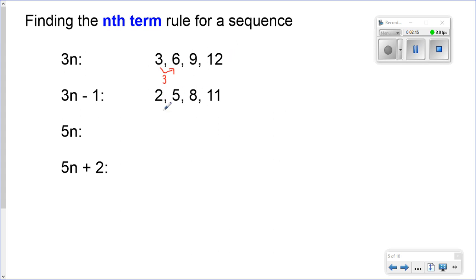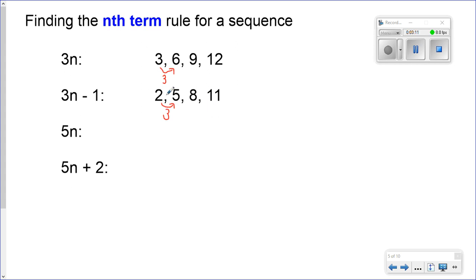But then if we look at the sequence below, to get from 2 to 5, to get from 5 to 8, to get from 8 to 11, that also goes up in threes. So both sequences go up in threes. They look a little bit different from one another, but they both have this in common.